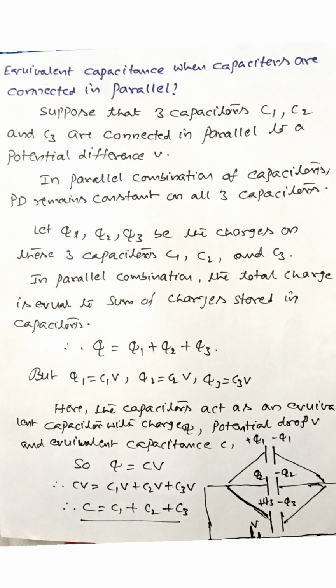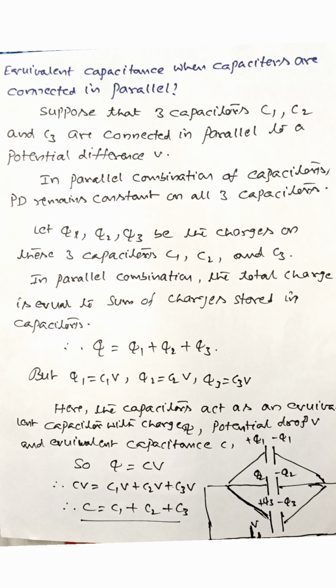Let Q1, Q2 and Q3 be the charges on these three capacitors C1, C2, C3 respectively. In parallel combination, the total charge is equal to the sum of the charges stored in all these three capacitors. Therefore, Q is equal to Q1 plus Q2 plus Q3.